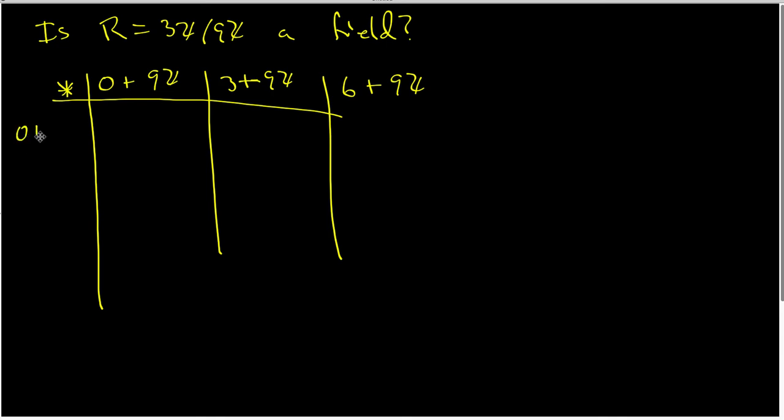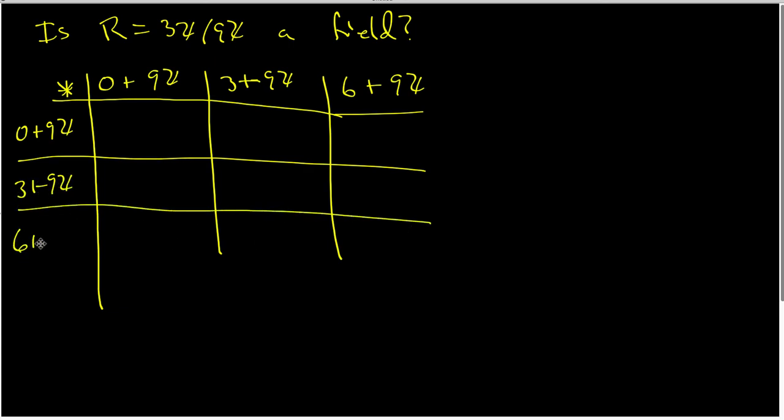And of course, we have those same 3 elements for the rows. And now all we have to do is do the multiplication. And the multiplication is actually pretty easy. All we have to do, since we're in a quotient ring, is multiply the 2 coset representatives together and basically reduce modulo the ideal.